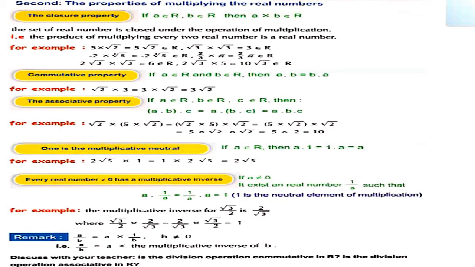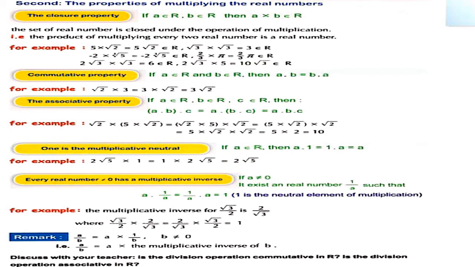Okay, one is the multiplicative neutral or multiplicative element. One is a multiplicative neutral, but the additive neutral is 0. For example, 2 square root of 5 times 1 equals 1 times 2 square root of 5 equals 2 square root of 5.